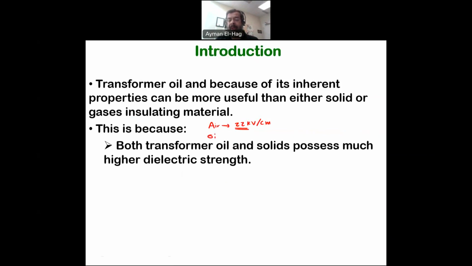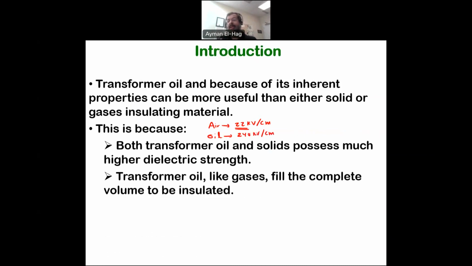But in transformer oil, and this is for new transformer oil that will be used for a distribution transformer, the breakdown voltage is 240 kilovolt per centimeter. You see, much higher. And if I'm using the oil for a power transformer, the value will be even higher than 240 kilovolt per centimeter. Also, the solid insulating materials have very high dielectric strength as well. So that is an advantage of both oil and solid.